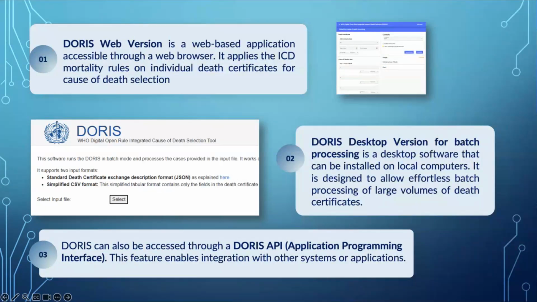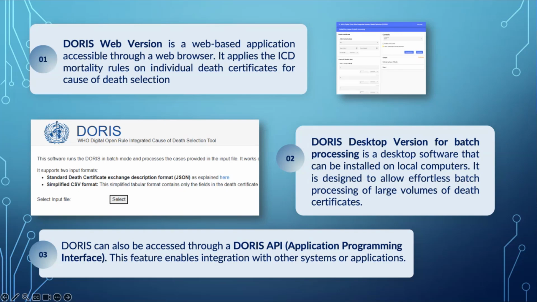And the three ways of running DORIS, as I mentioned, are the web version in the screenshot, where you can run the individual certificates. But we also have the batch processing mode in the desktop version, because when you have a large data set and you want to run it and get the underlying cause of death selected automatically, you need the batch processing mode.